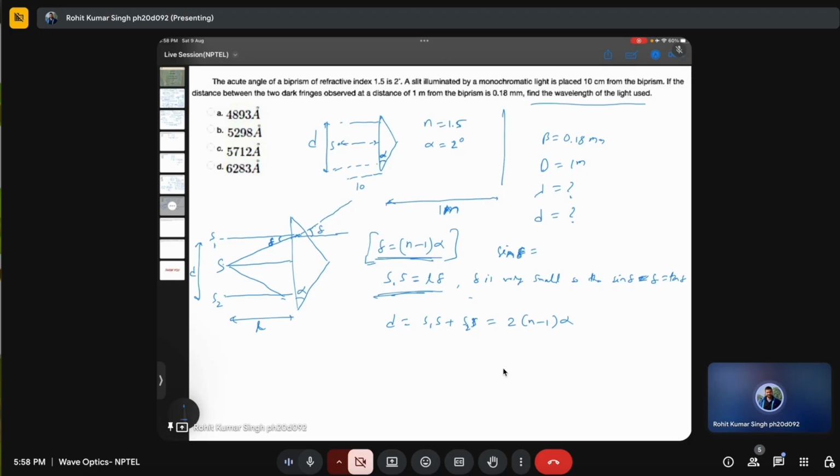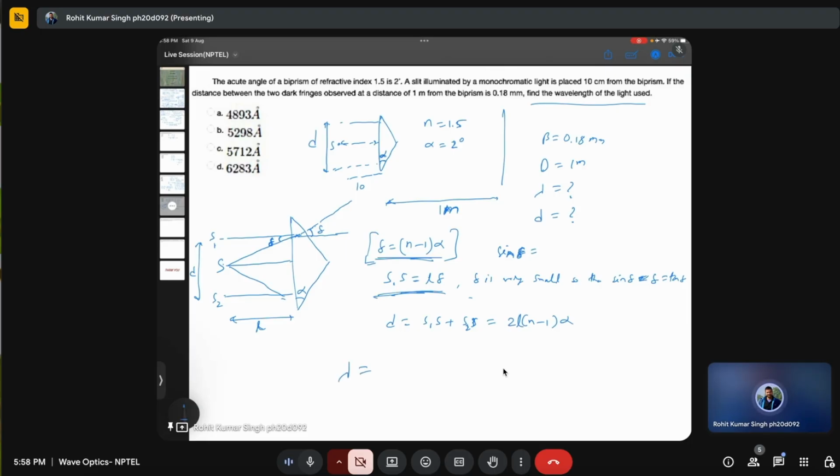That's how we can calculate this. Is it fine? So you have 2L(n minus 1) alpha. Okay. So now we have everything.